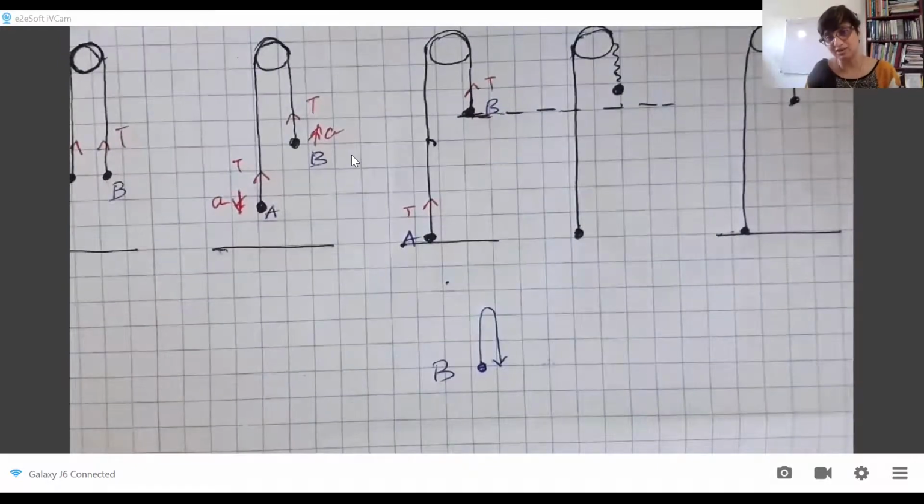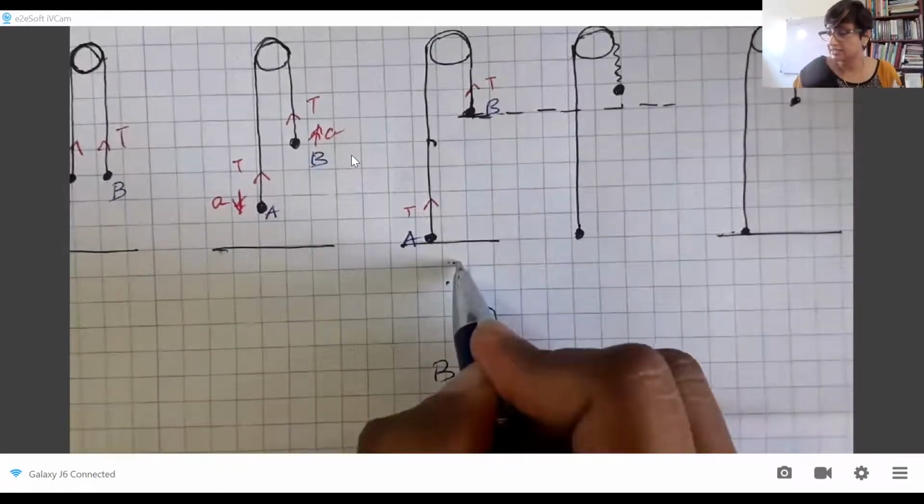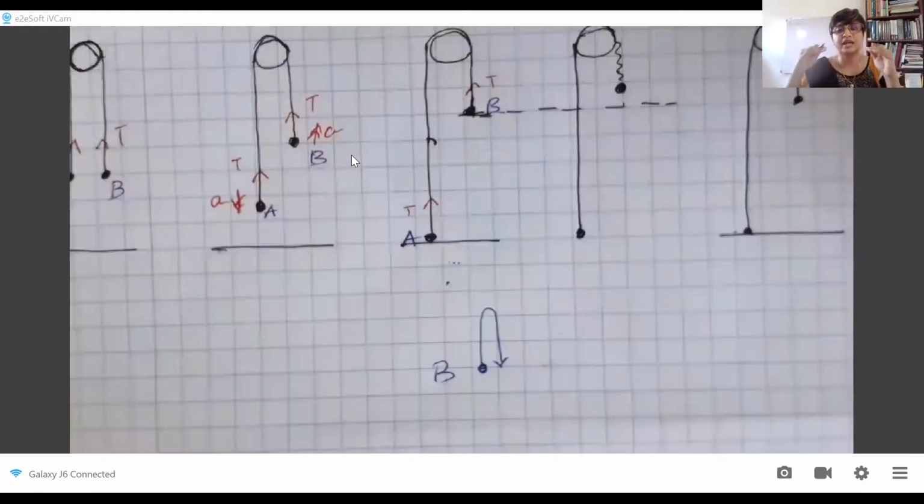During that motion of B, the string is slack, so no upward pull on B. When A hits the floor, tension disappears.